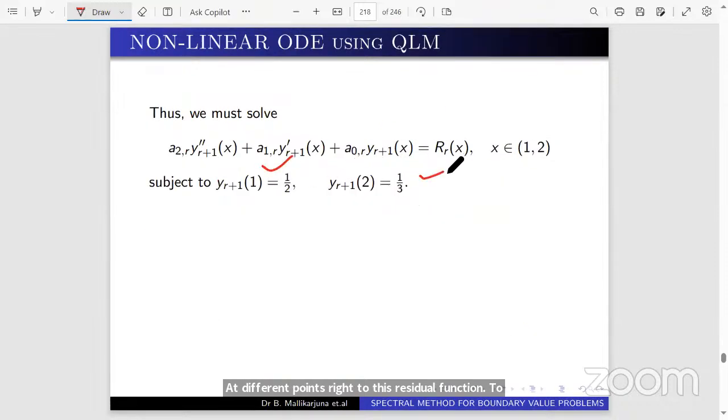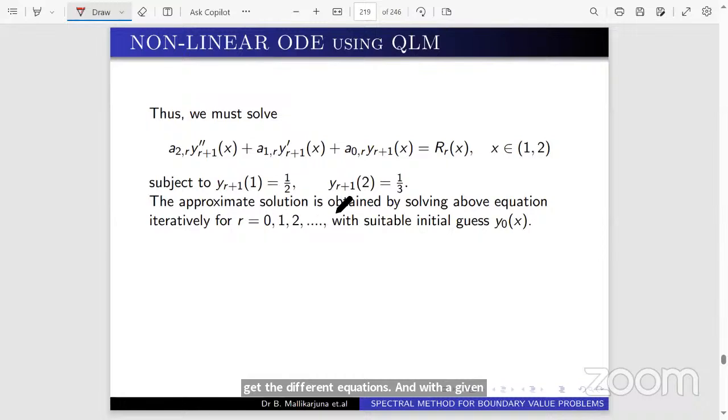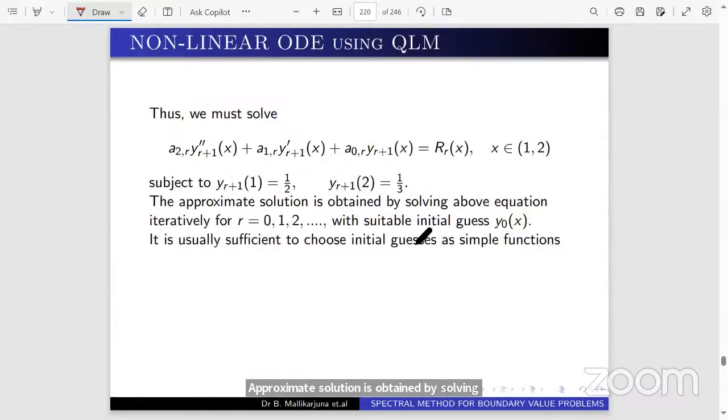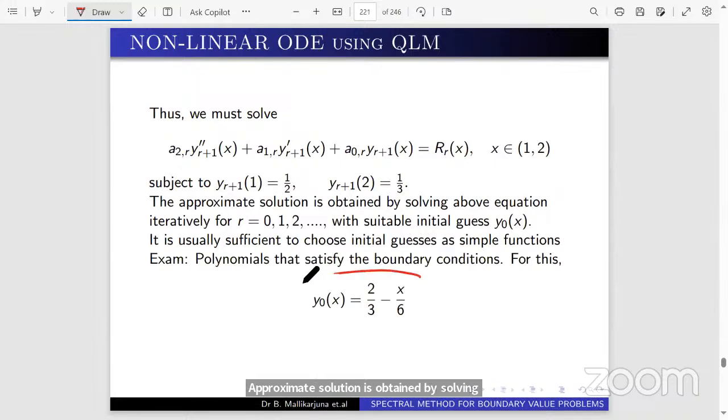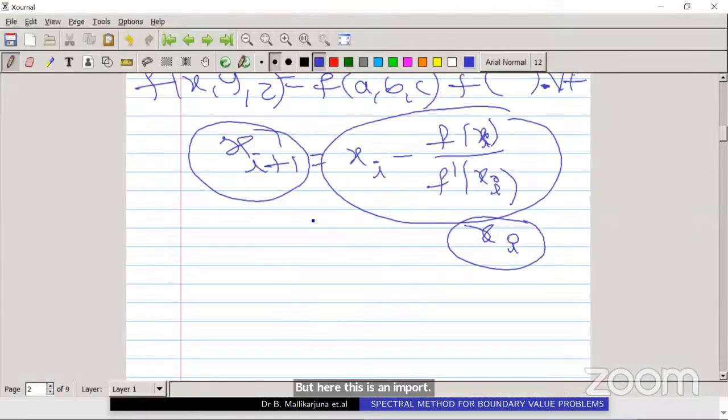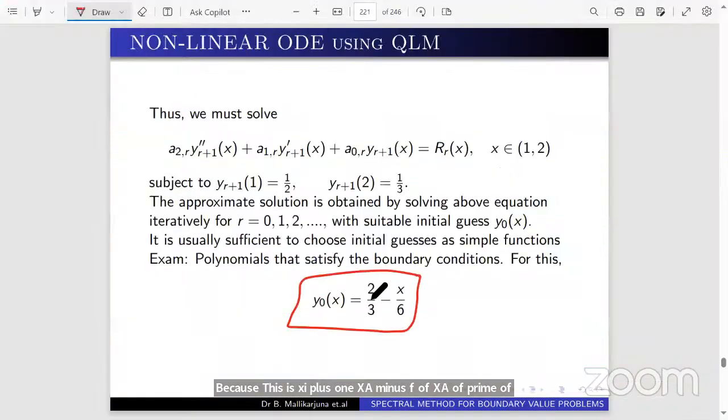These are the conditions. The approximate solution is obtained by solving the above equation at the rth solution. But here, this is unimportant, because this is x_{i+1} = x_i minus f of x_i by f prime of x_i. What is x naught? That means, what is the solution you are initially taking?